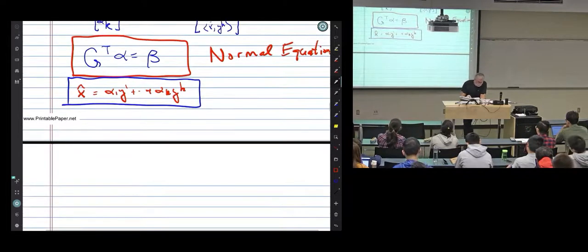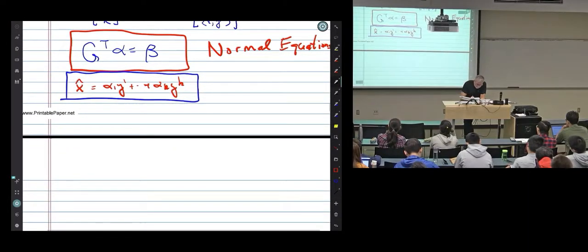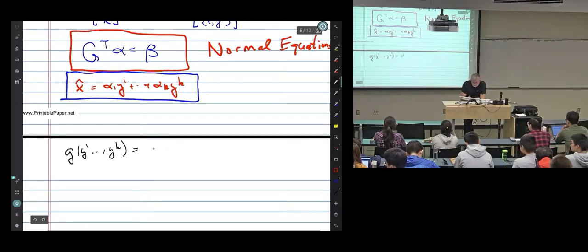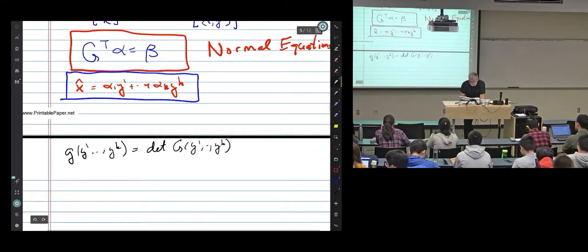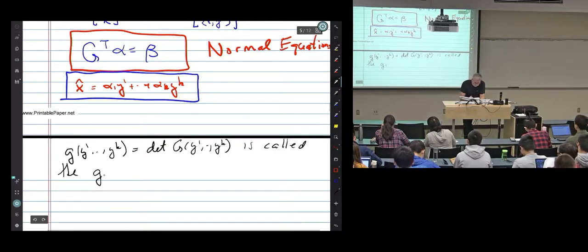So, G of y1, ..., yk equals the determinant of the matrix, which is called the Gram determinant.